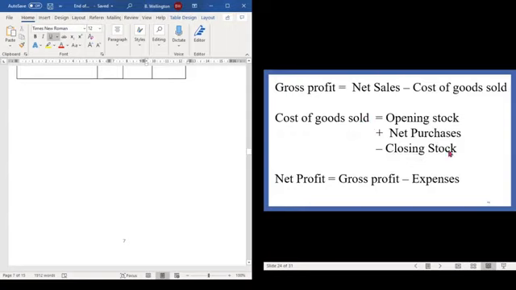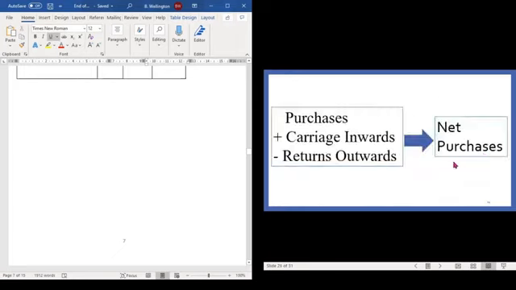And to arrive at your net profit, you're going to subtract your expenses from the gross profit. Now, net purchases is arrived at by adding carriage inwards, because carriage inwards is the cost of transporting the goods into your business. So it's part of the cost of purchasing the goods. And if you had returned any of those goods, you will have to subtract it to arrive at your net purchases.